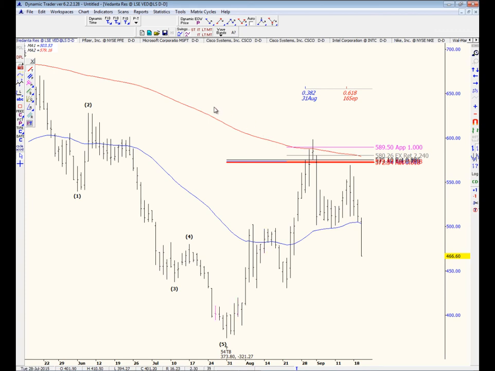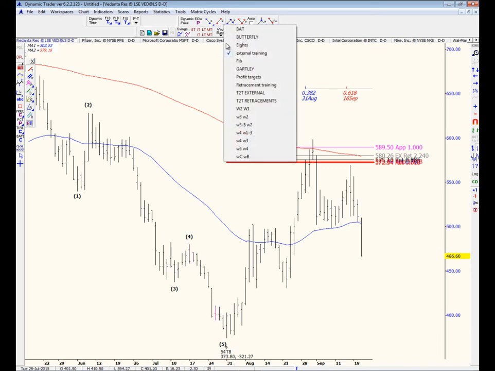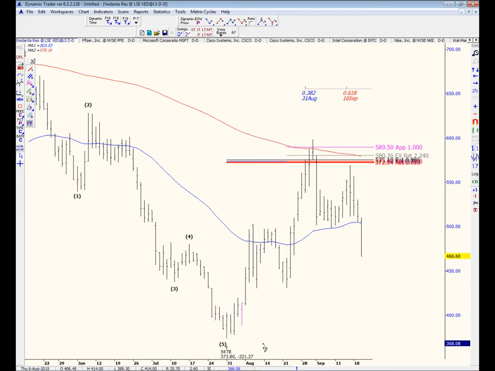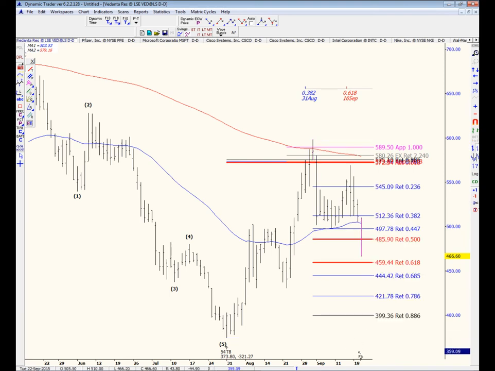We want to see if there's going to be any significant hidden support and resistance levels that may impede the continuation of the trend. Okay, so again, I'm going to grab my Fibonacci retracement tool, and I'm going to identify my anchor points, and then I'm going to project my Fibonacci retracements.